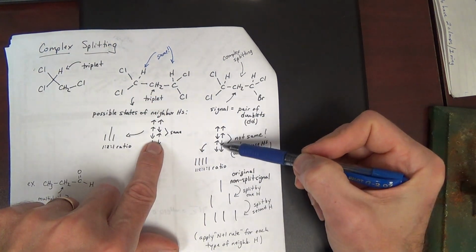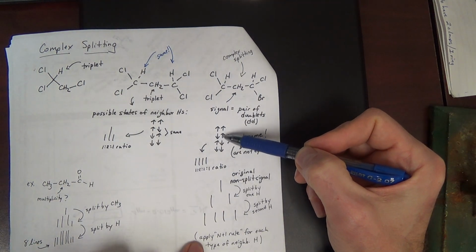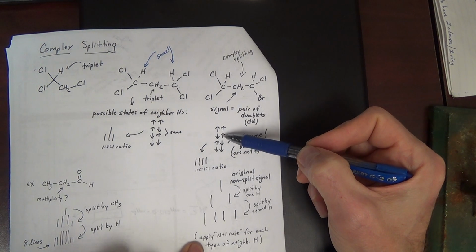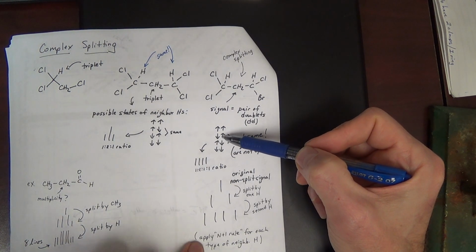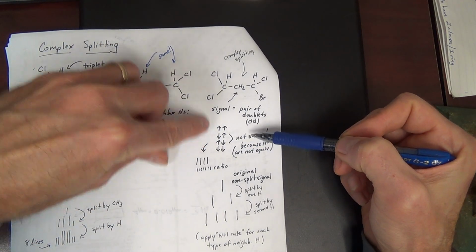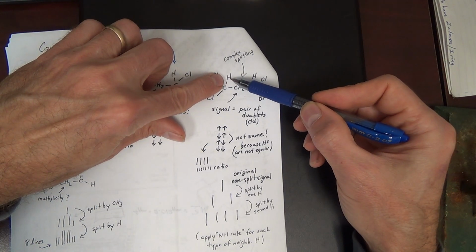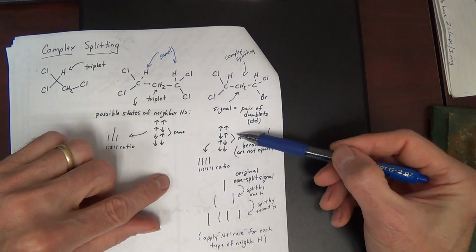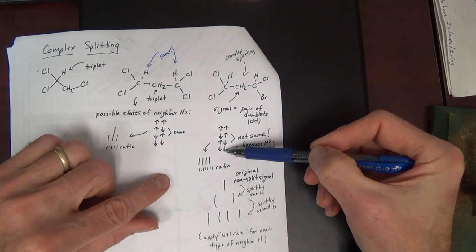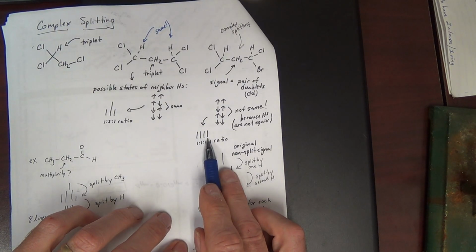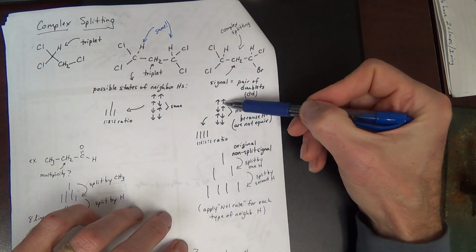Previously, these two scenarios were the same, with identical energies and identical net magnetic moments when combined. But over here, they're not the same. That one lined up with the external field is different from this one being lined up because the H's are different. You have 4 different possibilities here. So you're going to get 4 lines, and the ratio will be 1, 1, 1, 1.